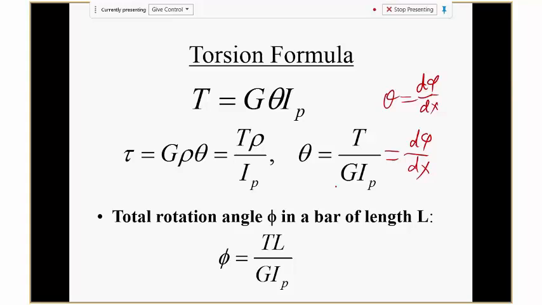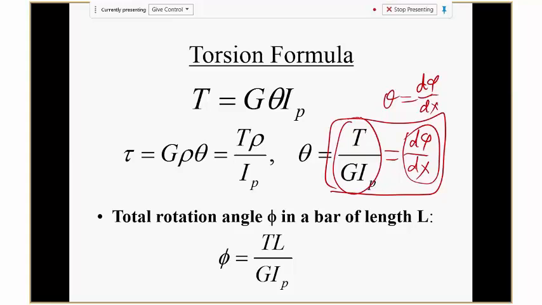Okay, now, what do we got? We got this torque T. If you're applying torque T, now I can calculate this amount, the ratio of rotation per unit length. Right? For a small segment, 1 unit length, I can calculate how much the angle is going to rotate. It's going to rotate this much.